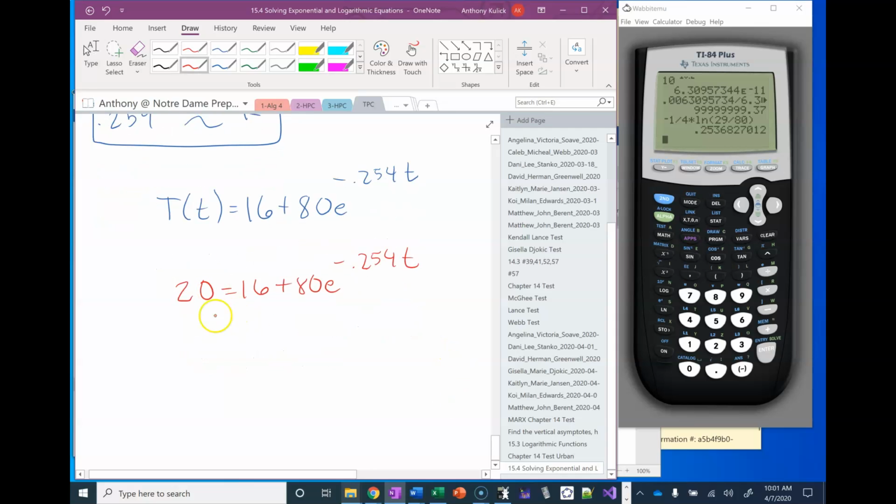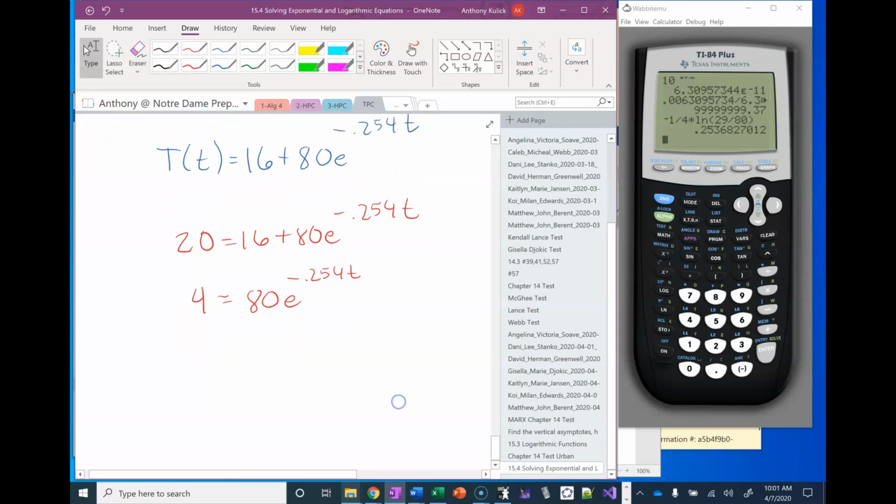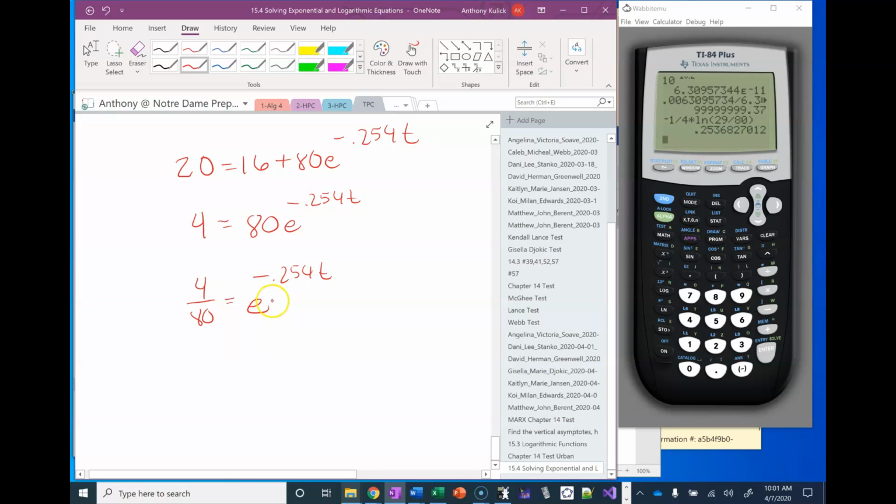So we'll start by subtracting 16 from both sides. And then we'll divide both sides by 80. And then again, we have to cancel this exponent base of e, so we'll do that by taking the natural log of both sides.